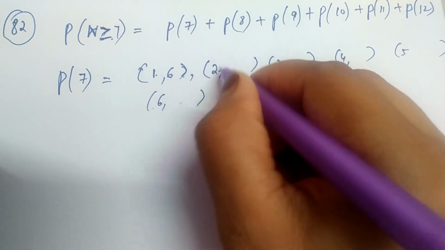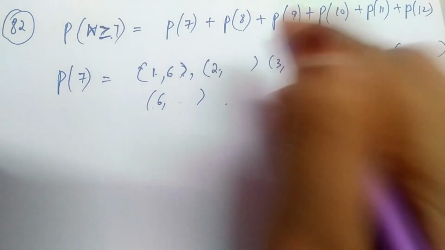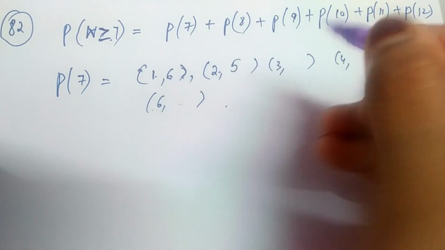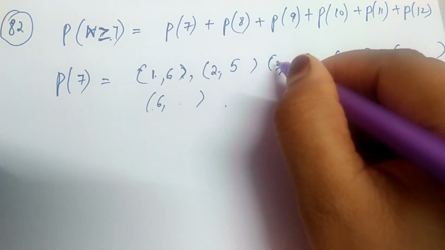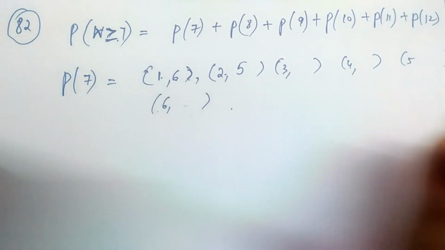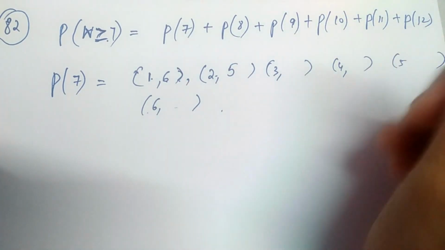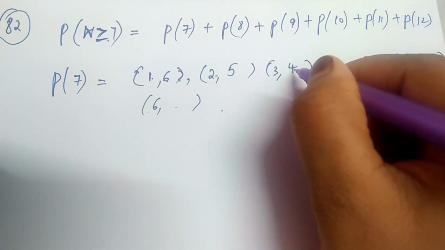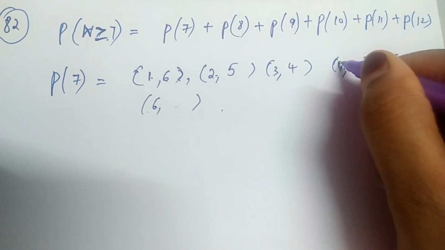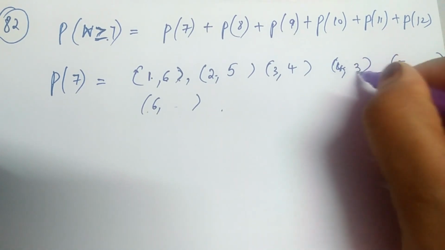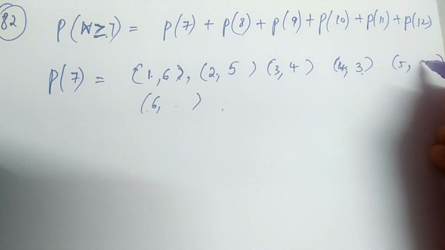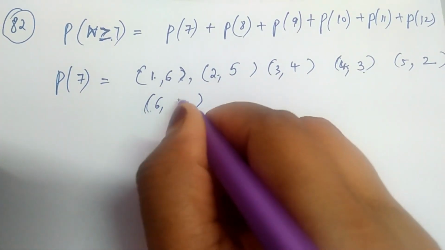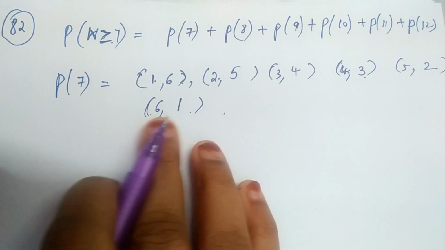If one dice gives 2, the next dice should be 5. If one dice gives 3, the next should be 4. If one dice gives 4, another should be 3. If one dice gives 5, another should be 2. If you get a 6, the other will be 1.